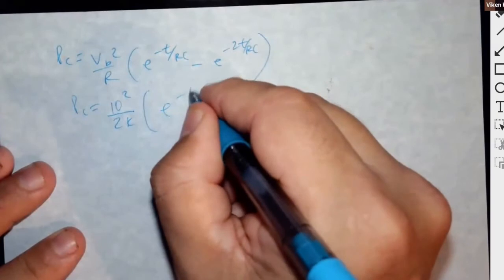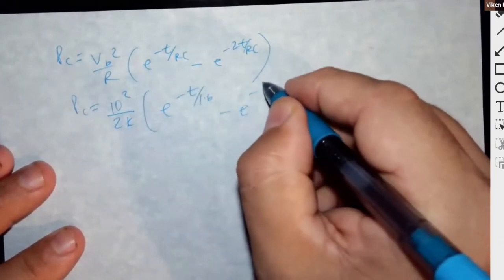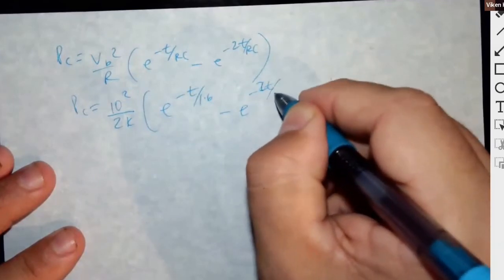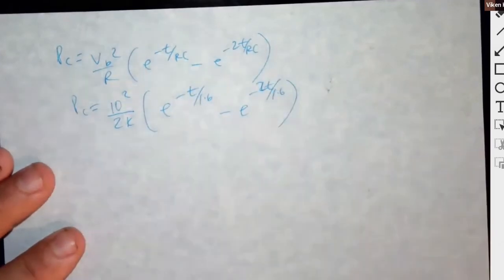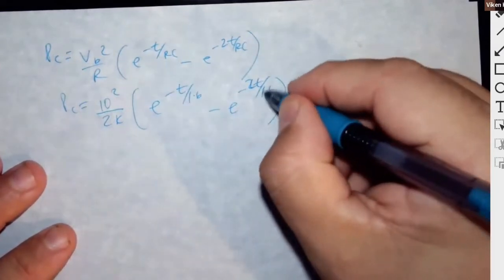E to the minus T over 1.6 minus e to the minus 2T over 1.6. Okay, now take the derivative of this and set it equal to 0.